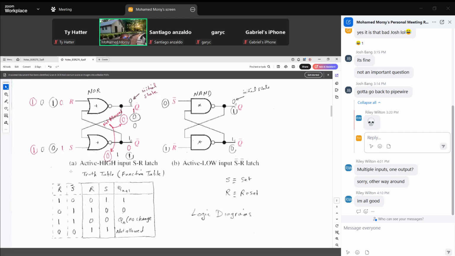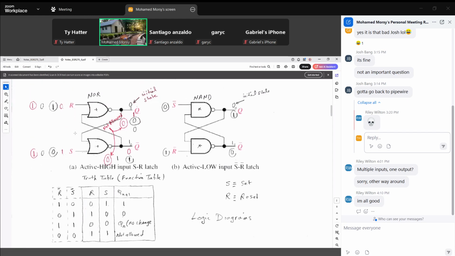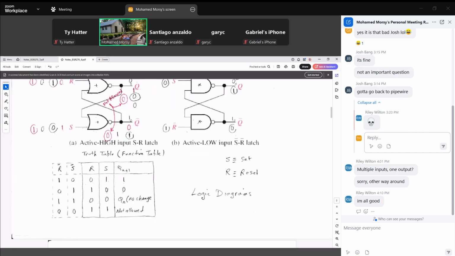If S is 1 and R is 0, it sets the output to 1. If R is 1 and S is 0, it resets the output to 0. If both R and S are 0, there is no change at the output. The new status will be the same as the previous status of the output.